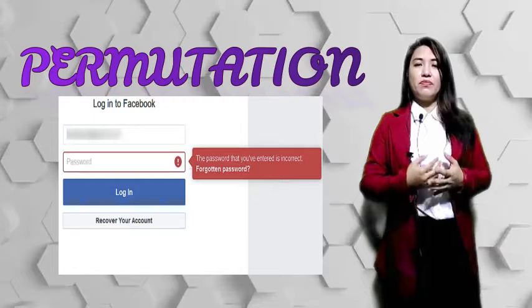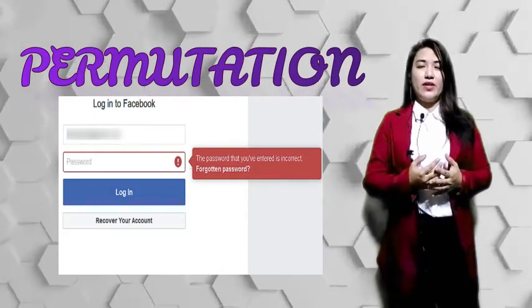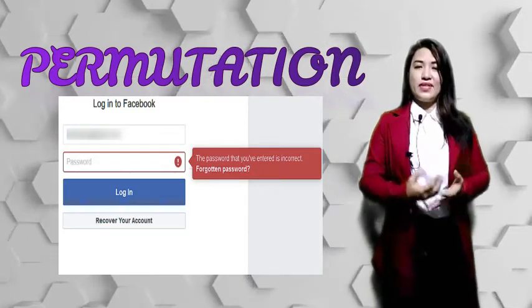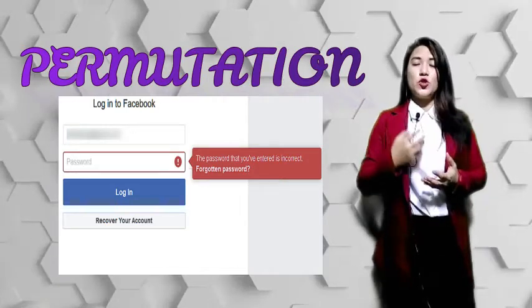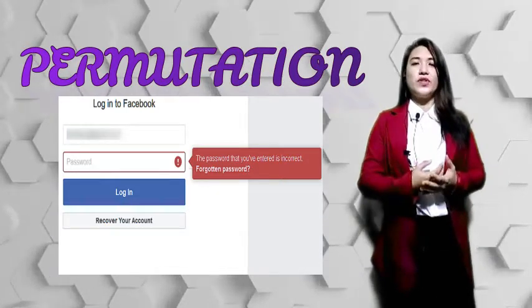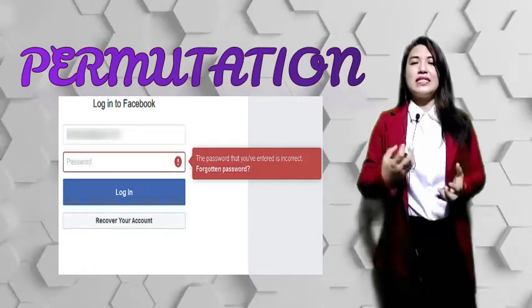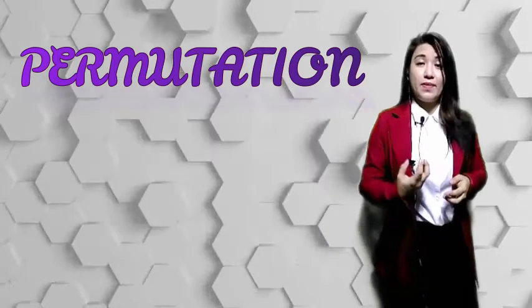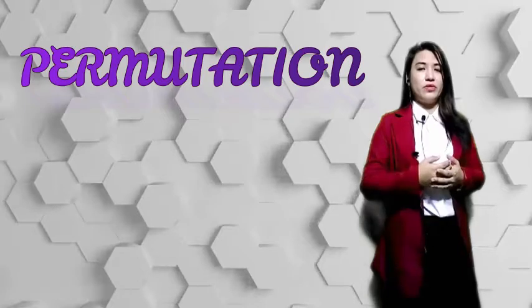If I set up my Facebook password as ABC123 star, and I want to log back in, although I can remember all of those 7 characters, I cannot rearrange those characters like 1, 2, 3, ABC, and star. It will never work, right? Because that system requires you to enter those characters in the same order as when you created that password from the very beginning.